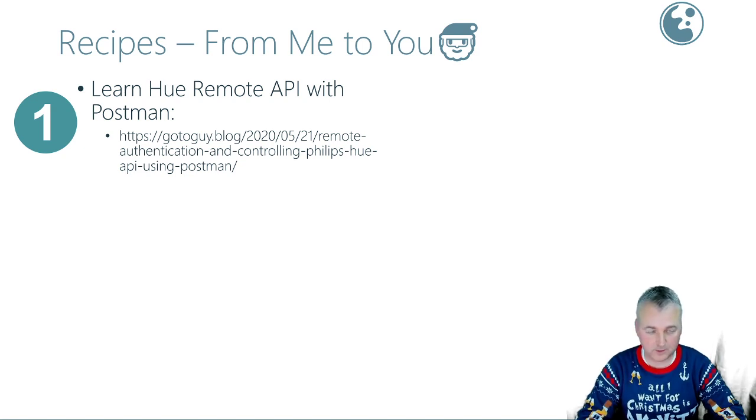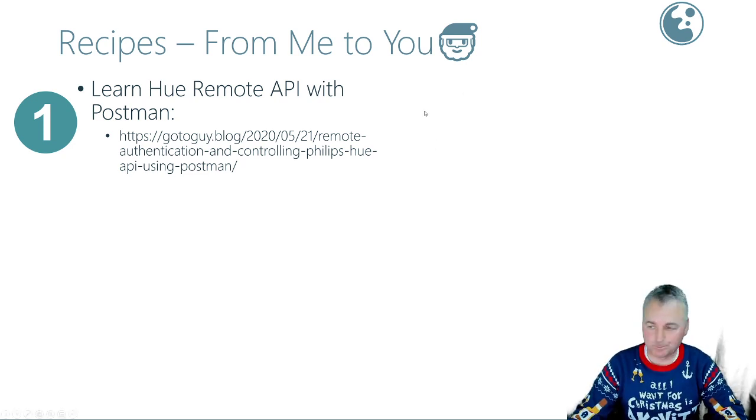I use it a lot against Microsoft Graph, but you can also add any kind of remote API in that client tool. And actually, earlier this year, in May, I wrote a complete blog post on how you can learn and explore the Hue remote API using Postman only. So that's a good starting point to learn the API.